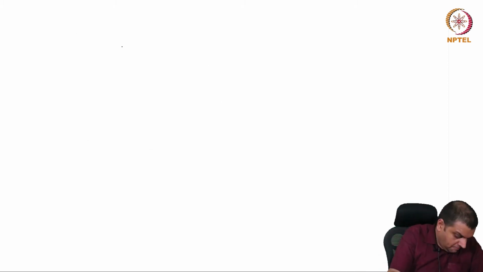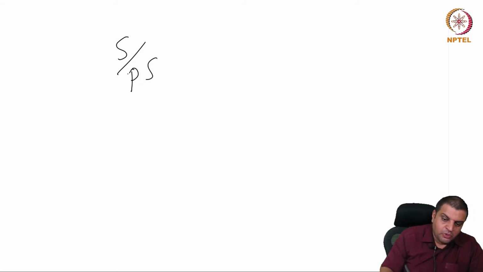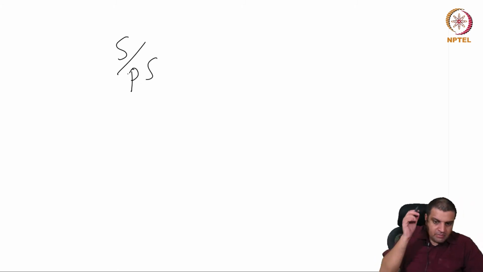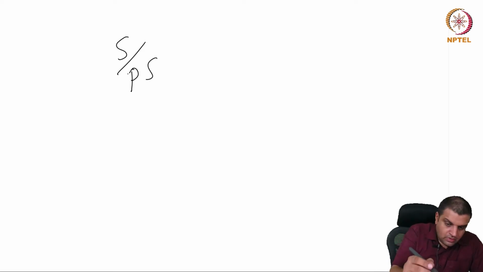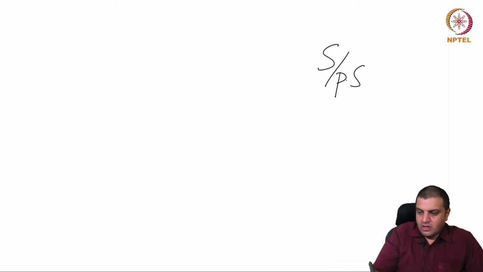We can think of S mod PS. So first of all, Q has to correspond to a prime like this. Notice that S mod PS is an S-module, and it is also an R-module.